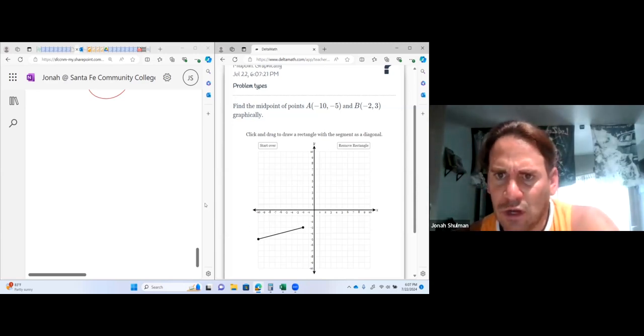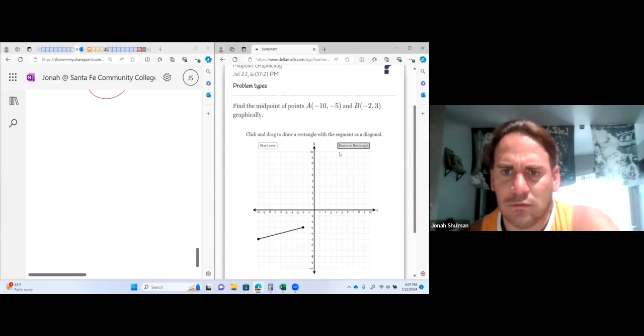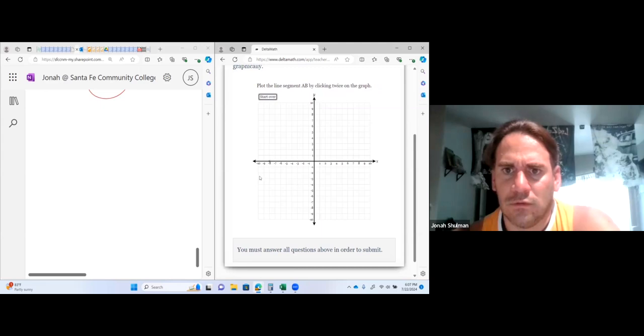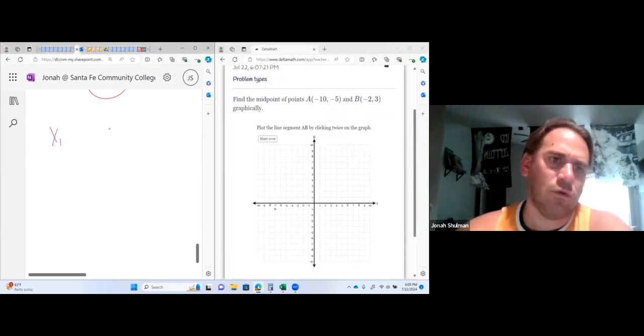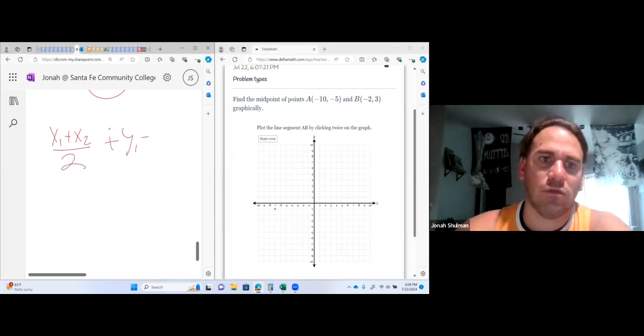So click and draw a rectangle with the segment as its diagonal. Oh, okay. That's not a rectangle. All right. So this is the midpoint formula in case you want. It's x1 plus x2, it's finding like the average, and we'll do the average in the next unit.